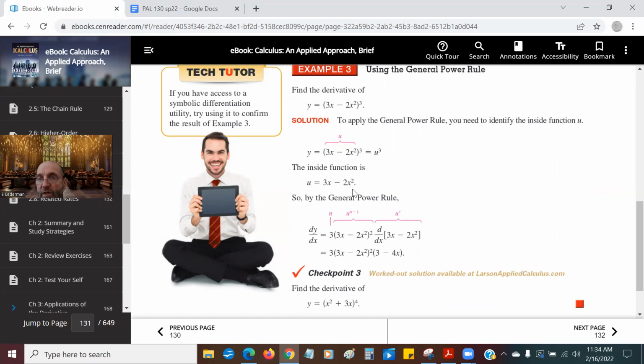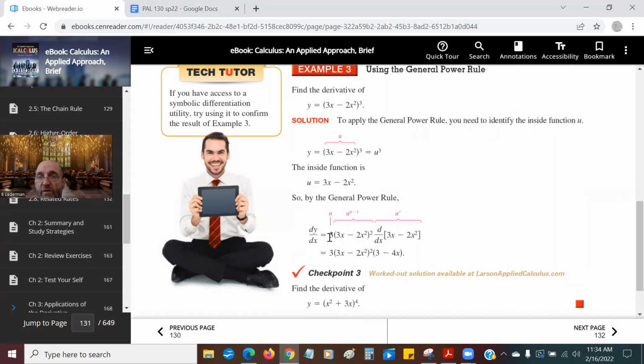Which means u is equal to 3x minus 2x squared. So now the derivative is going to be, well, if I have u to the third, the derivative is 3 times u to the second power.